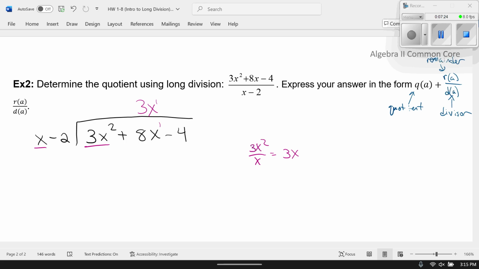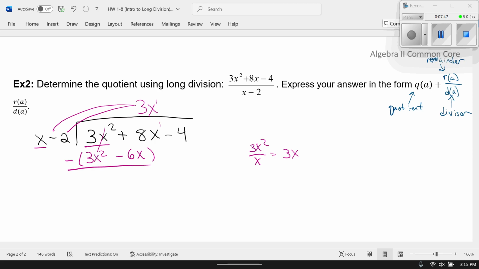Now we're going to multiply. We have 3 times x is 3x squared. And we have 3x times negative 2 is negative 6x. We are subtracting. We are using parentheses to be correct. 3x squared minus 3x squared is 0. They cancel out.